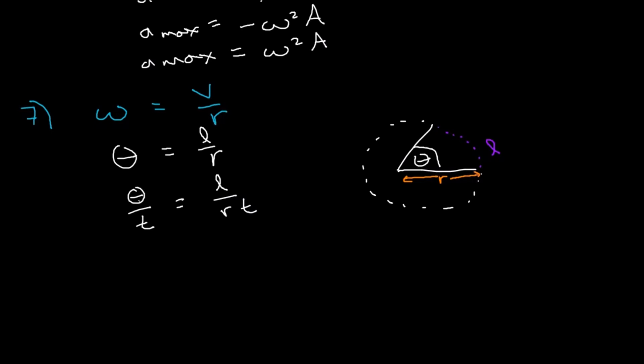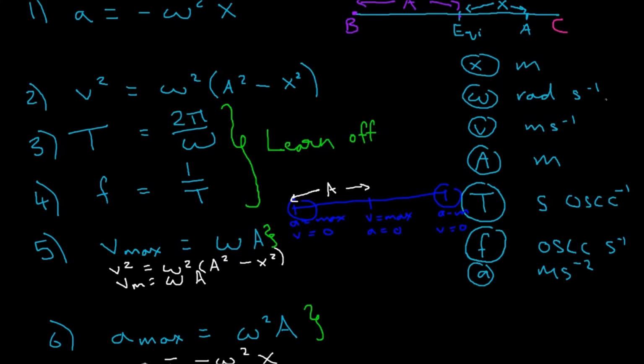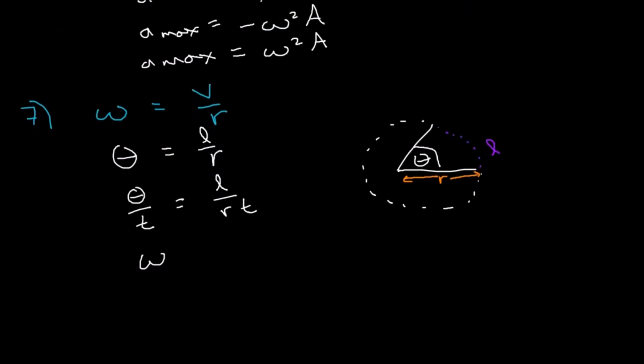Theta over T, so that's radians, that's seconds, radians per second. So that is omega. Omega is theta over T, because radians per second, that's the unit. I said that over here as well. Radians per second, that's the unit for omega.